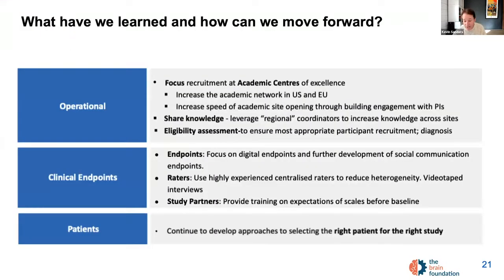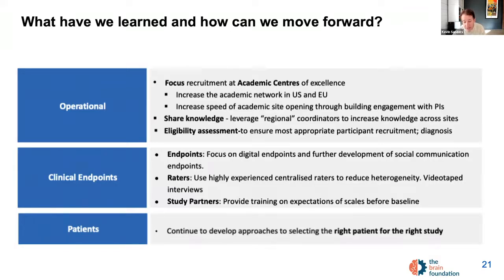So what have we learned, and how are we moving forward? We've learned a lot from our trials for sure. The rater trainings that we provided were not enough to level the playing field. There were some sites that just seemed to perform better and more consistently. We're looking at ways to capture what some of these sites did really well and figure out ways to share it with other sites.